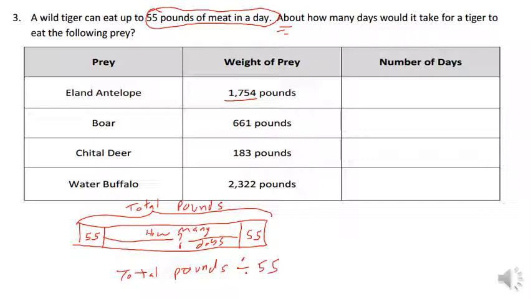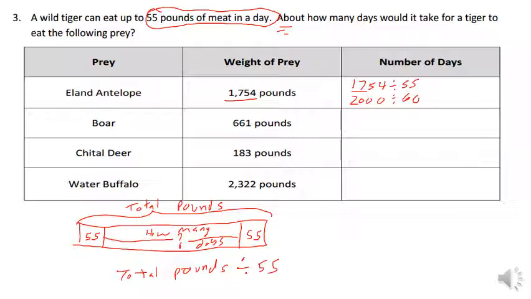So the first one, if I take 1,754 divided by 55, 55 is closer to 60, and 1,754 is going to be closer to 2,000. But 2,000 is not a compatible number though. Okay, so I'm looking at 17.